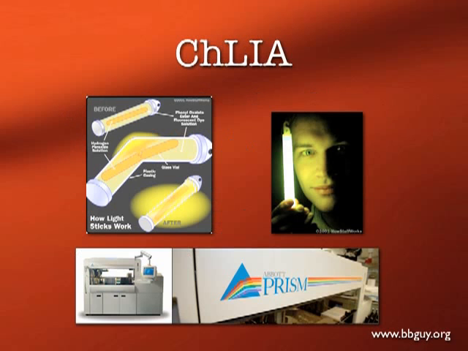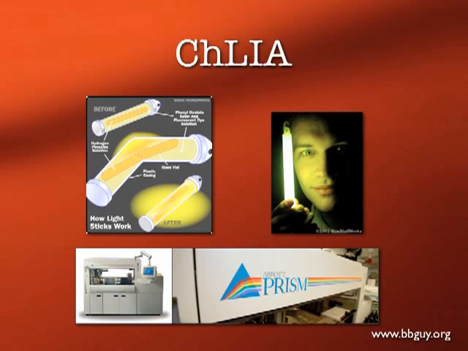Now, chemiluminescence, or CHLIA, is a very, very similar process. The difference really is mainly in how the detection methods occur. In other words, with EIA, you have color change. With chemiluminescence, you have generation of light from a chemical reaction. The principle is very similar. As I said, it's just the detection method that's different. A substance called acridinium, when exposed to hydrogen peroxide, will give off visible light.